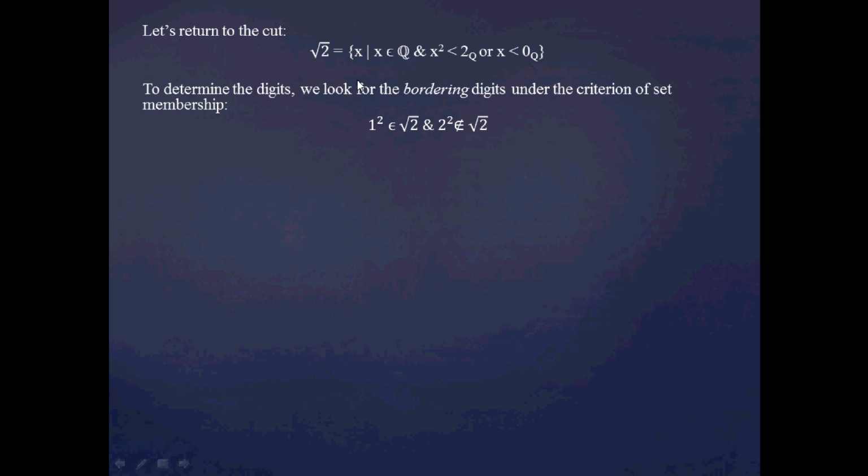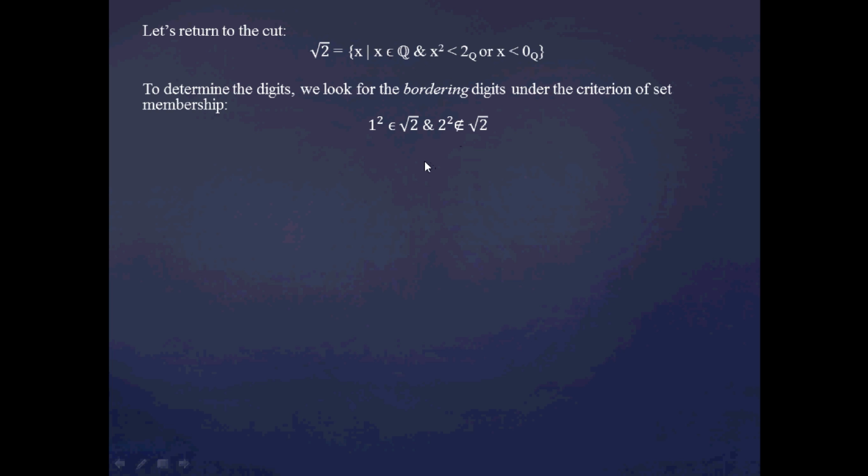And to determine the digits of this, we're going to take a very similar strategy as we did for our other computations. We're going to look for the bordering digits, except now we're going to use the criterion of set membership. Before we were using the criterion of their square being either less than 2 or greater than 2. Now what we're going to do is check and see whether when we square them, we get something which is in the set or not in the set.